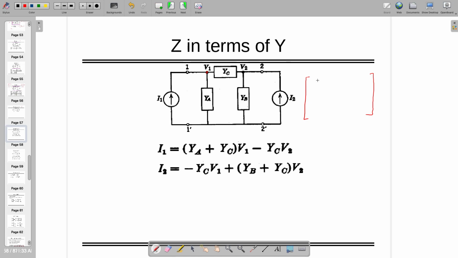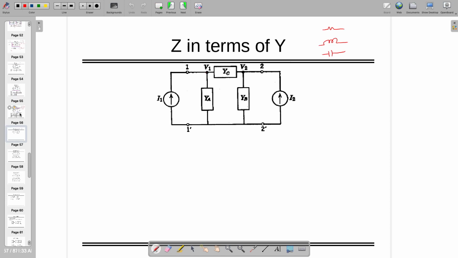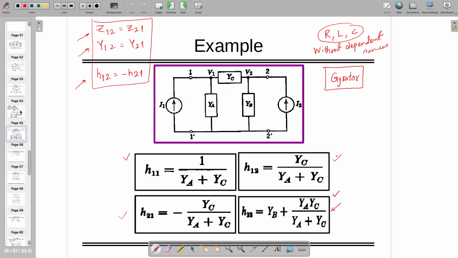Sir, just now you said that if it is expressed in admittance form, then only that trick works. That H12 is equal to minus H21 when everything is RLC. RLC. Okay. So all these three are valid when this is an RLC based circuit. If there is any confusion, please let me know.